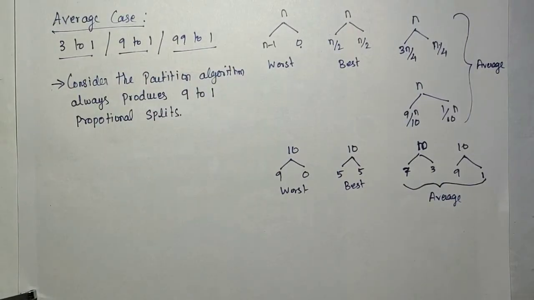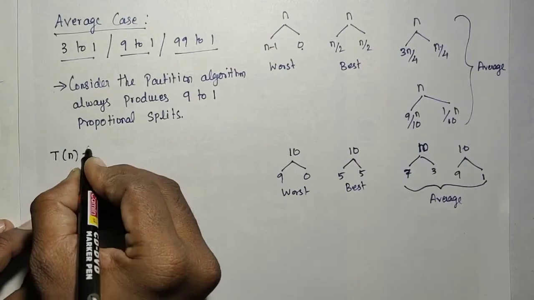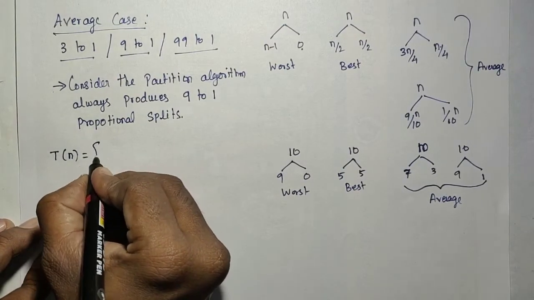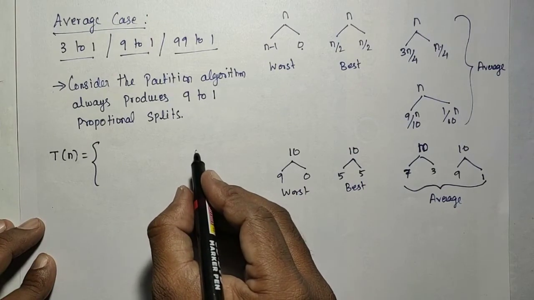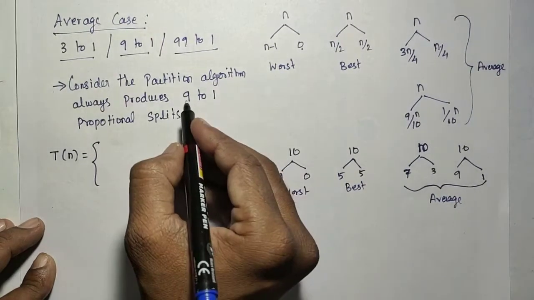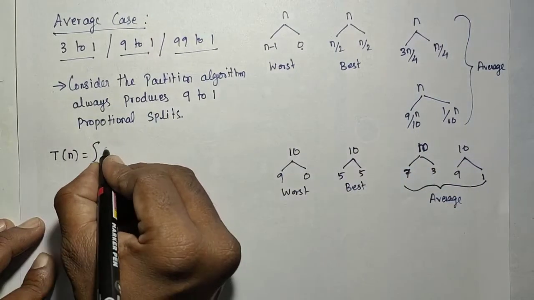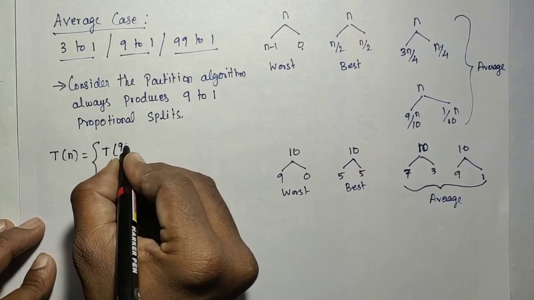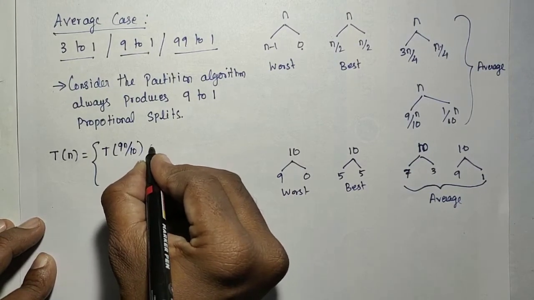If the split always produces the two subproblems in the proportion of 9 to 1, then the time complexity will be T of n equals theta of n, which is the split partition algorithm complexity, and one subproblem size will be 9 by 10 n, so T of 9n by 10. That is the complexity of the first subproblem.